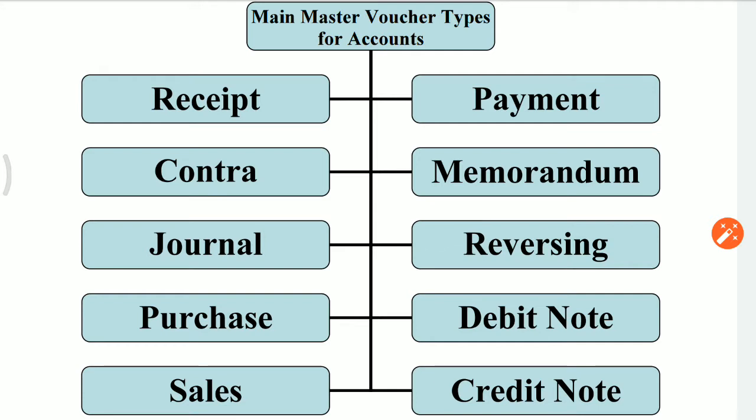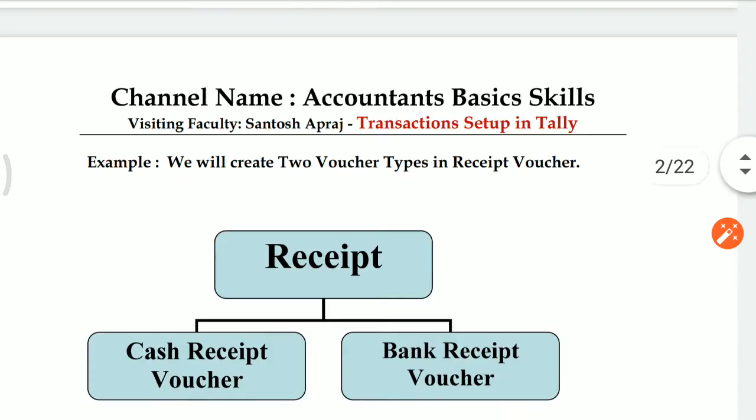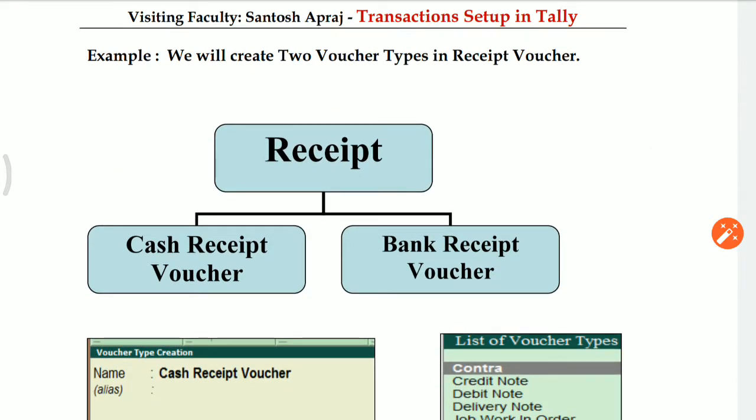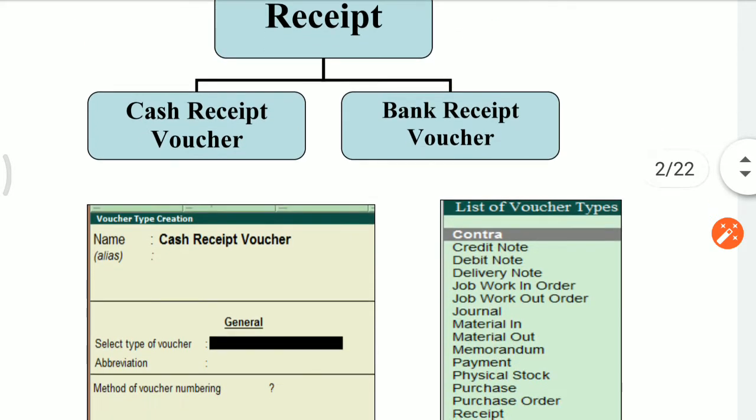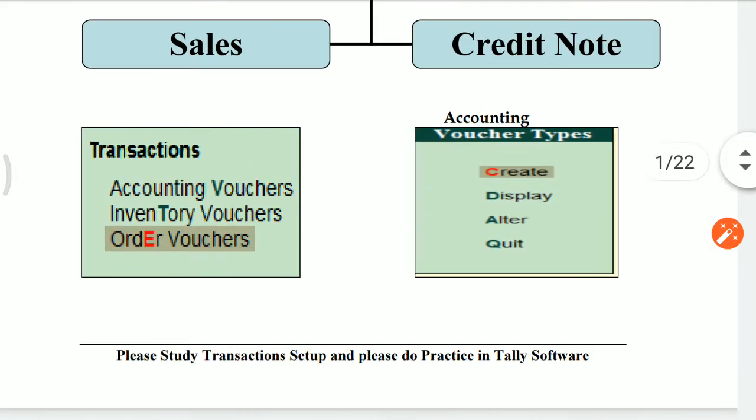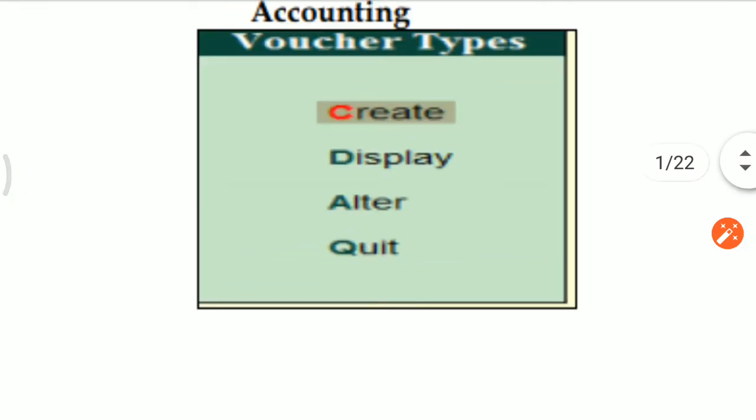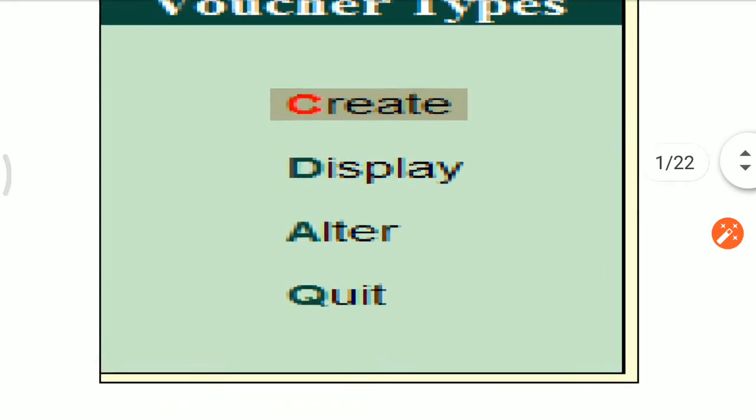Okay, now I am creating in receipt voucher two additional vouchers, that is cash receipt and bank receipt voucher. Now I am explaining the setup. If you want to create the cash receipt voucher, you have to go to voucher types, create vouchers. You have to select the option create vouchers.